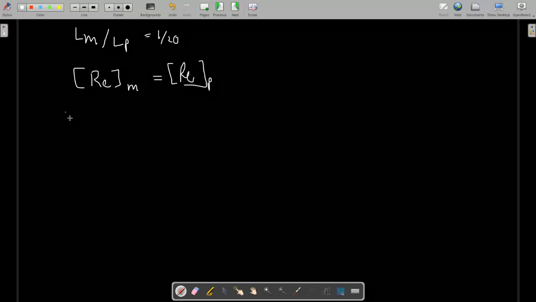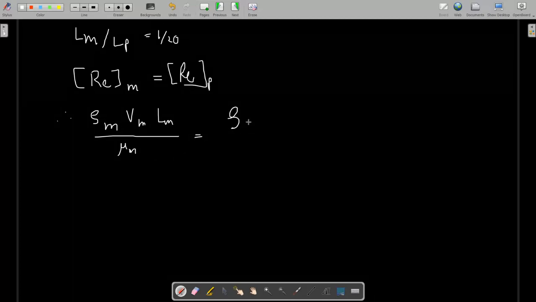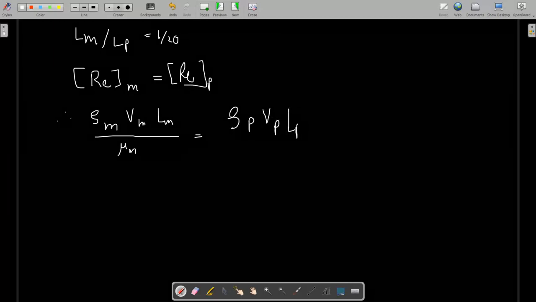So we can write the Reynolds number as rho v L by mu, and the same rho v L by mu. This is for the model and this one is for the prototype.